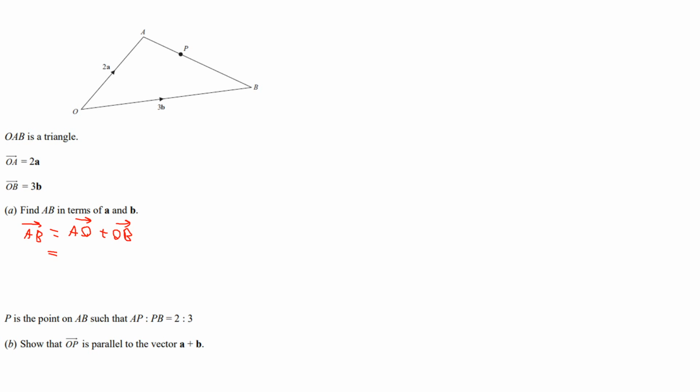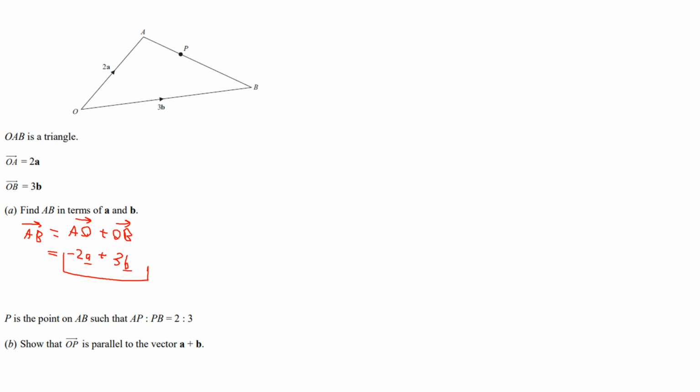Very important, the notation. Some examiners are very stingy about marks whenever you don't use the correct notation. AO is minus 2A. O to B, that's just going to be 3B. So that's our answer.